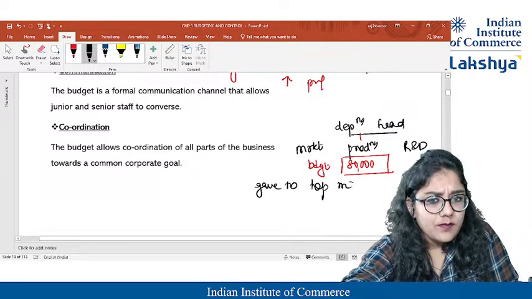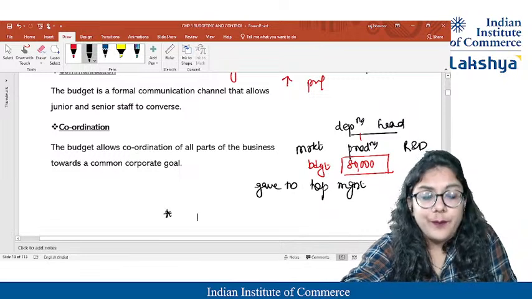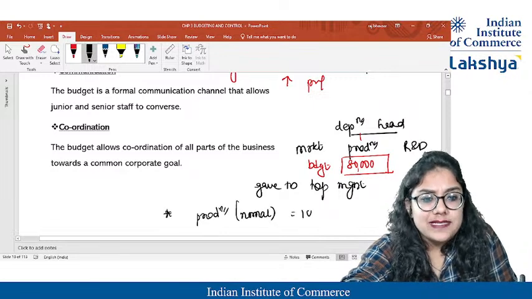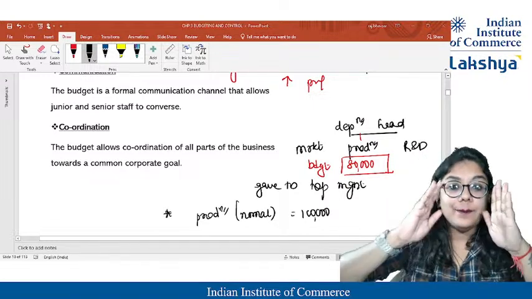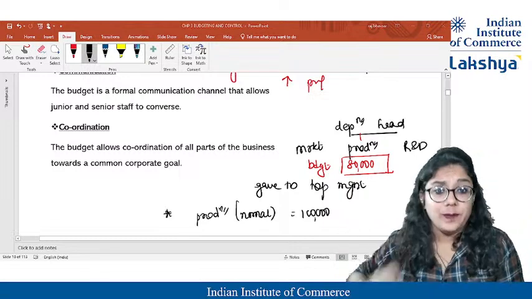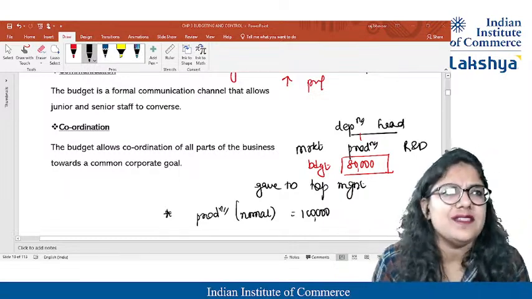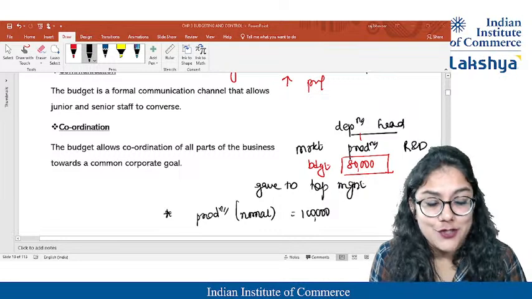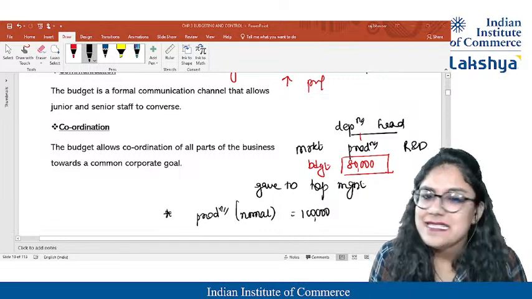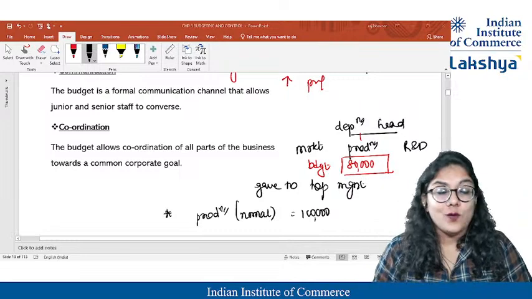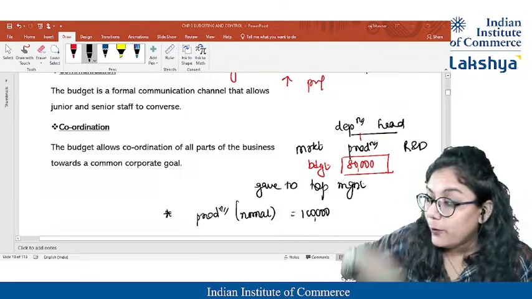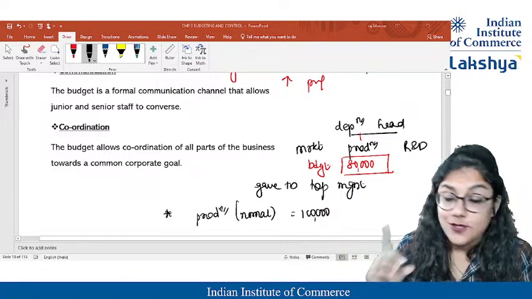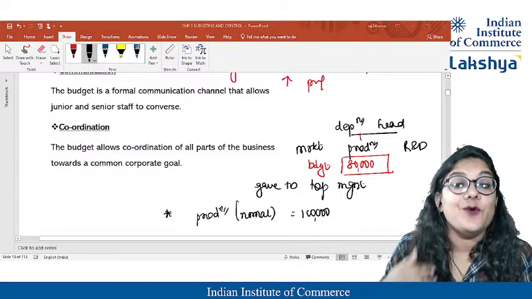Now what happened? The production manager knows that the normal capacity of the company is to produce, let's say, 1 lakh units. When the production department knows that the ground people can easily create 1 lakh units, why did he give an 80K budget to top management? He gave 80K just because it's easily achievable. Definitely 1 lakh units will be what my people achieve, and I will exceed the budgeted figure, so definitely I'll be in a position to get the bonus.